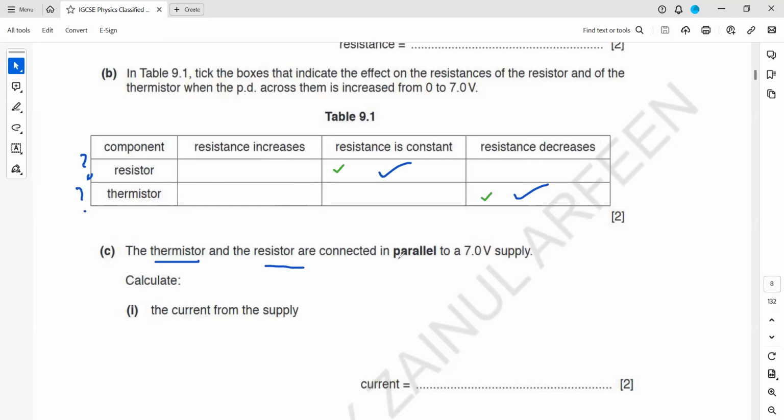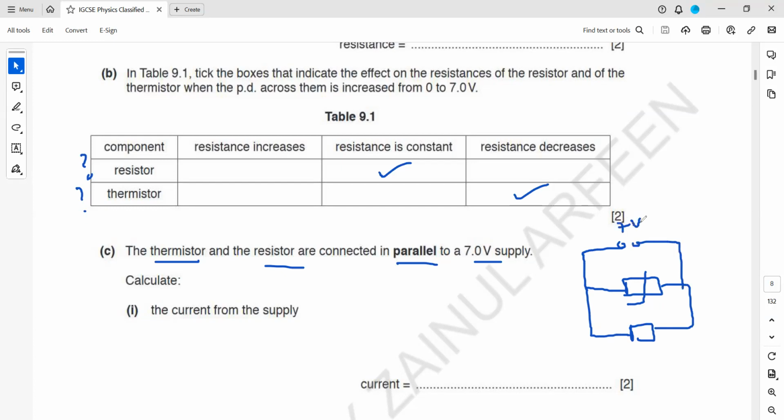The thermistor and the resistor are connected in parallel to a 7-volt supply. Calculate the current. If we have a thermistor and a resistor both connected in parallel to a 7-volt supply, the voltage across the thermistor is 7 and across the fixed resistor is 7. What will be the total current from the supply?